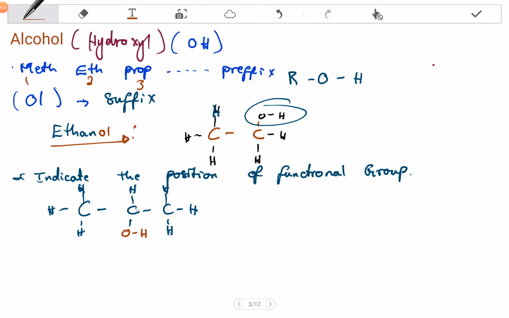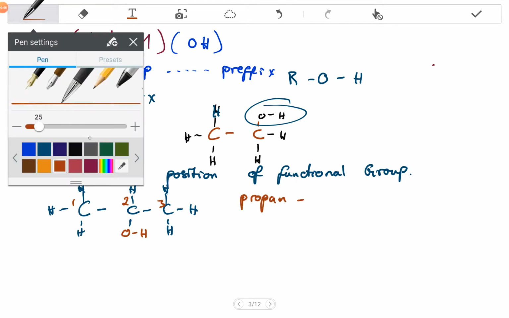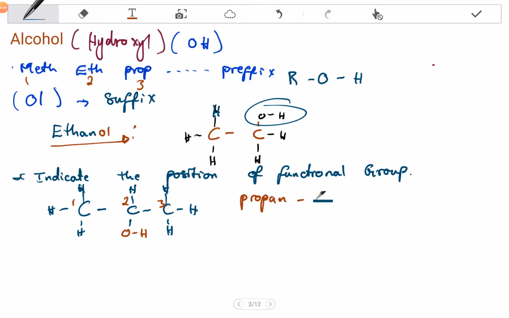You start from here, it gives the same number for this carbon, and we must start from the side that is closest to the functional group, and both sides are. We can start here if we want to, counting the carbons. So 1, 2, 3. Since we have 3, this is going to be a propane something. Finish it. Propane-2-ol. So this is the name of this alcohol. So it's easy to name them.